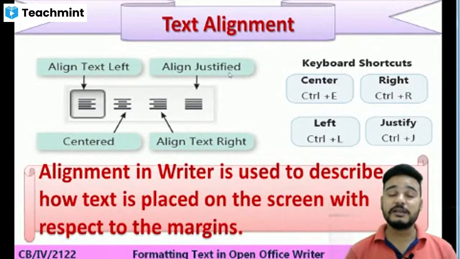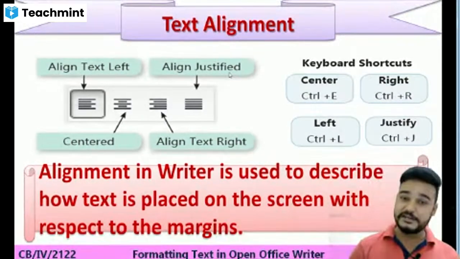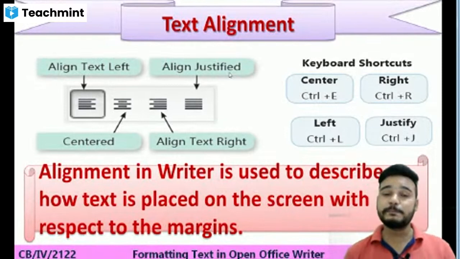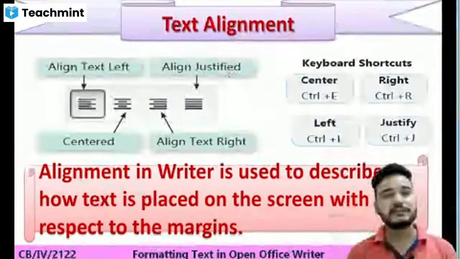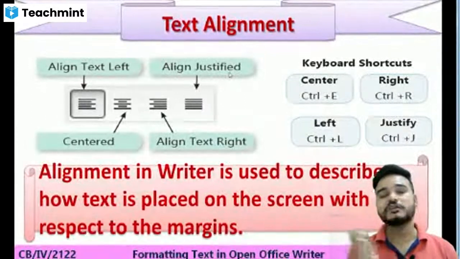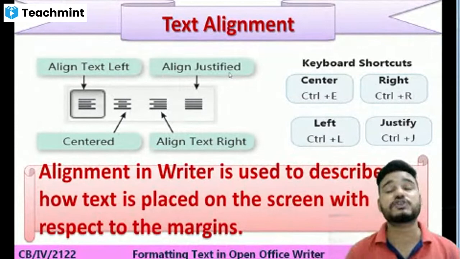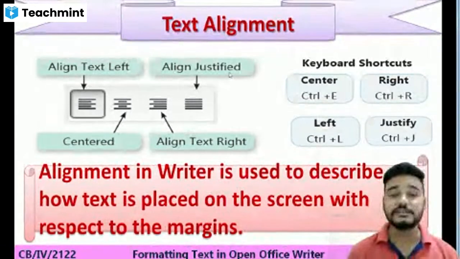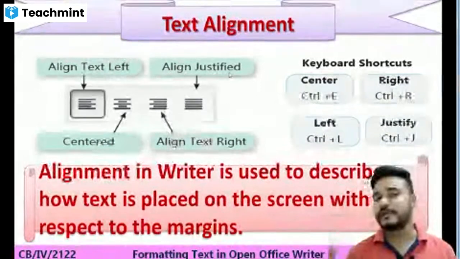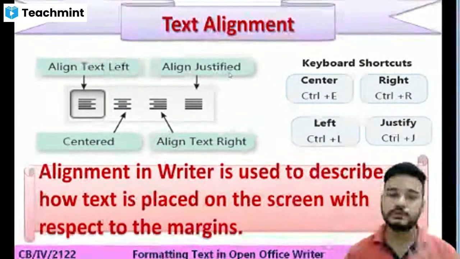Sometimes when writing in a notebook, we write the heading in the center, and we start writing from the left side of the page, just by the side of the paragraph. The same thing, when we are typing the text in our OpenOffice Writer, at that time also we can apply these kinds of alignments to your text.